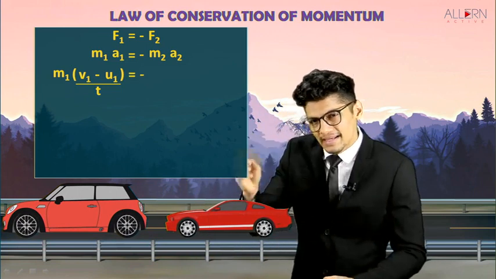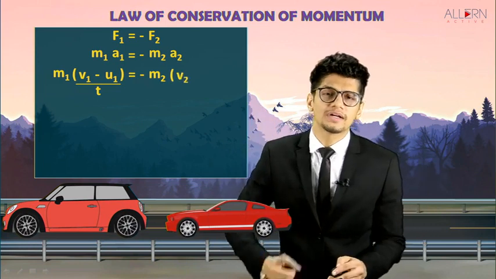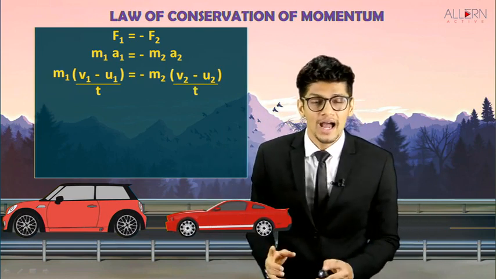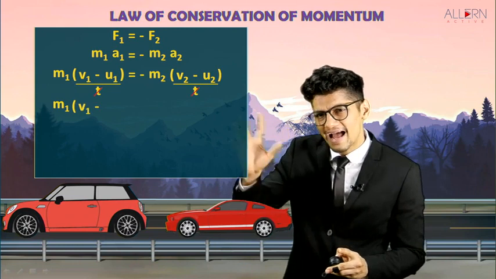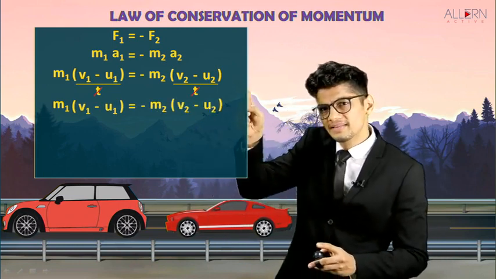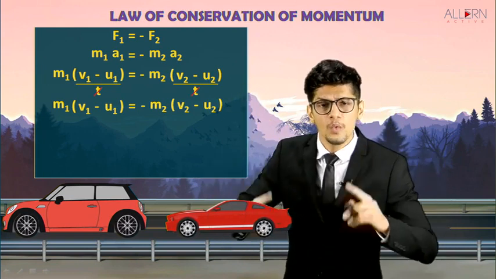Now minus m2 remains as it is. So instead of a2, we'll write (v2 minus u2) upon t again. Now t and t get cancelled. So we'll just write the numerator as it is, right? If you compare this and this, we know that the numerators are the same. Now we'll open the bracket.